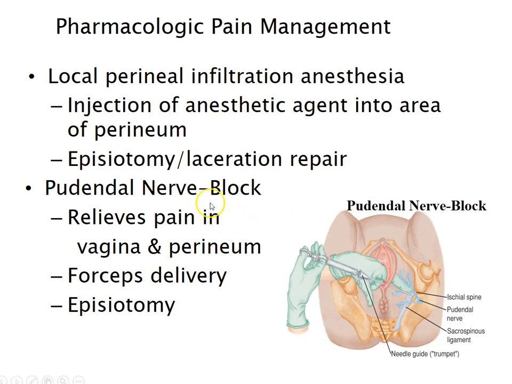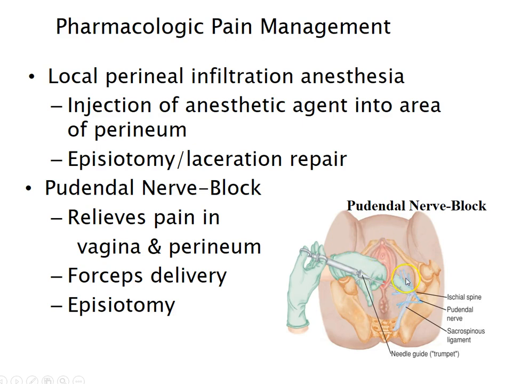This is an actual nerve block. So you can see this long needle. And then the syringe is filled with Novocaine, basically. And it is injected actually at the pudendal nerve. So it is going to numb this whole area.